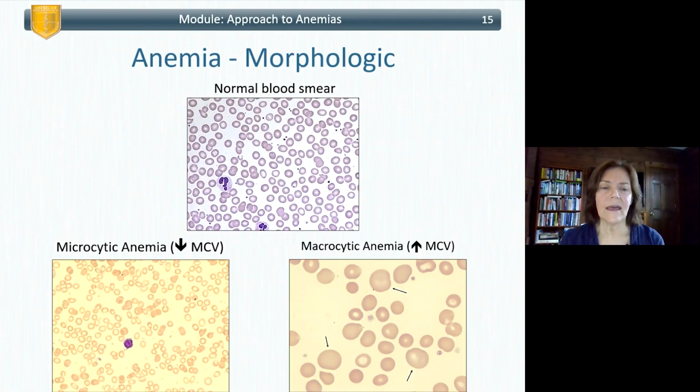You'll see that the red cells are smaller than the lymphocyte that's in this picture. In this picture here, you'll also see that there is decreased color or hypochromasia of the red cells. And on the right, macrocytic anemia, where the MCV is high, the red cells are larger and often don't have central pallor at all. And we'll discuss that in a moment.